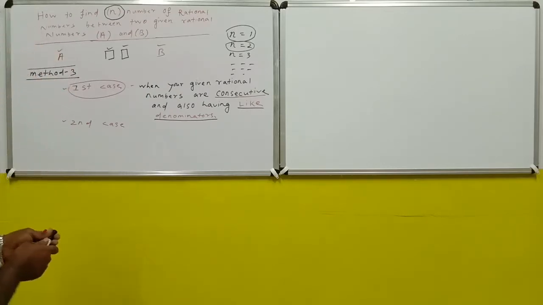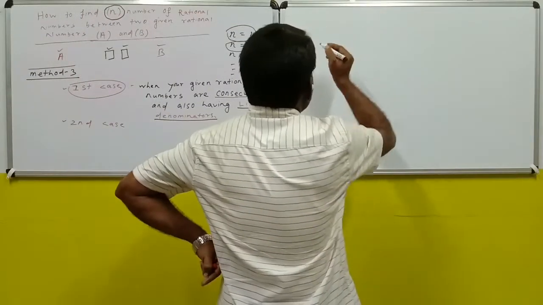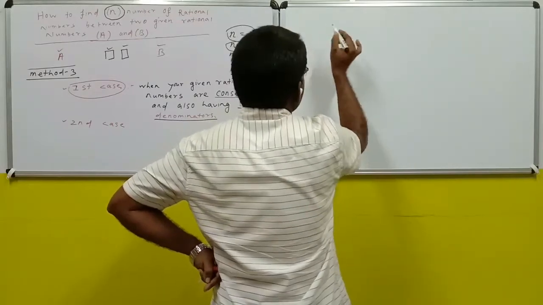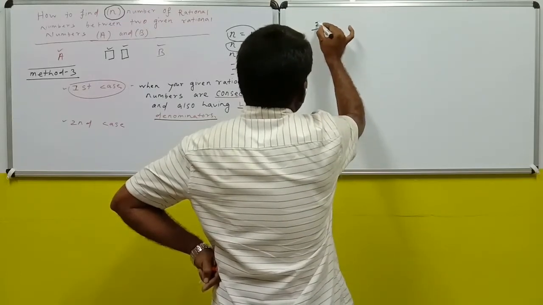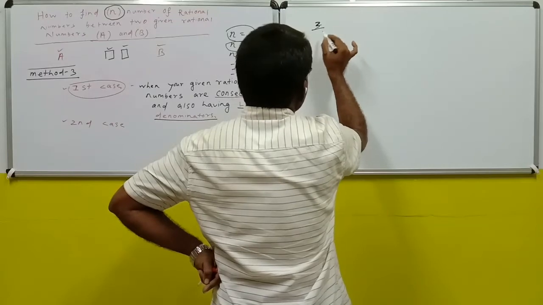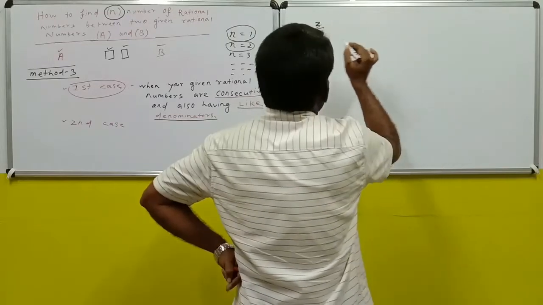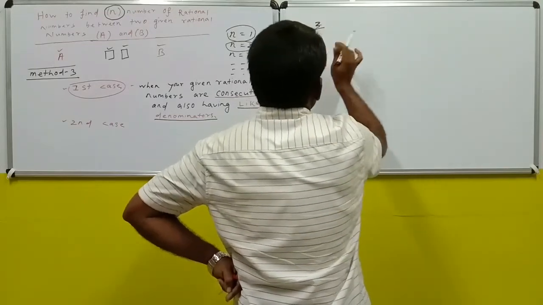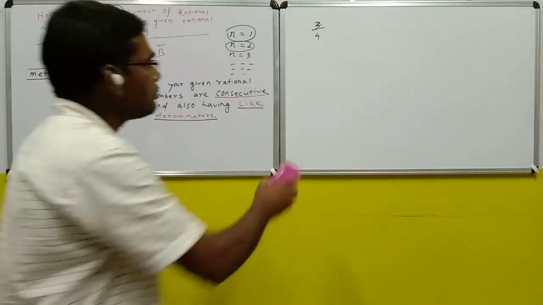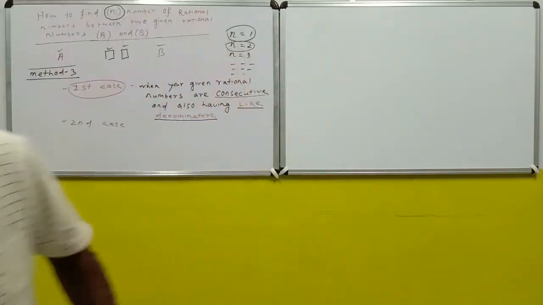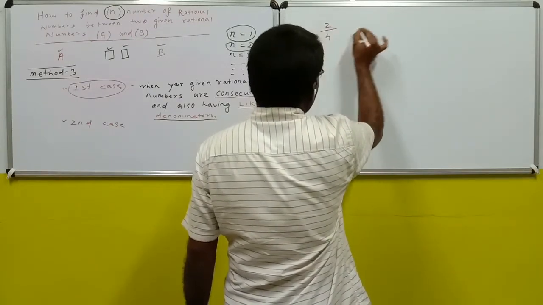Suppose your given rational numbers are 2 by 4 and 3 by 4.